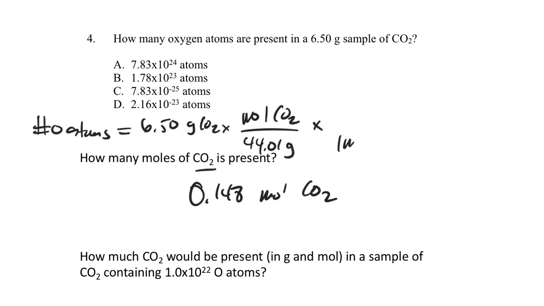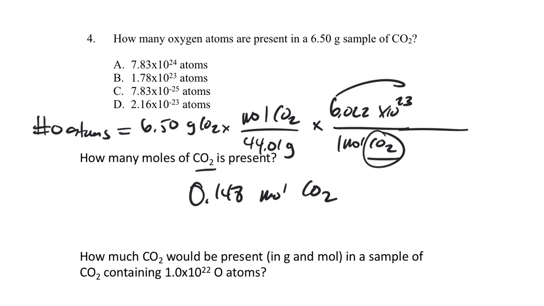And then 1 mole of CO2 would contain an Avogadro's number, but of what? So a mole of CO2 is a mole of CO2 molecules because CO2 is a molecular compound. So you have an Avogadro's number of these molecules.